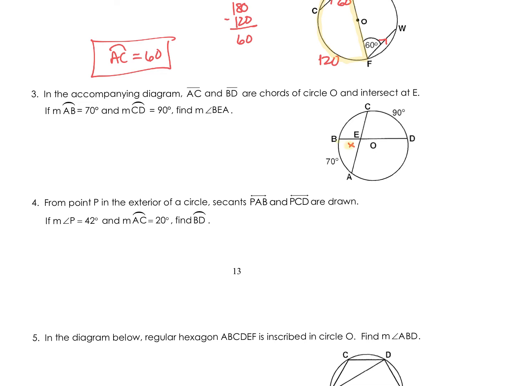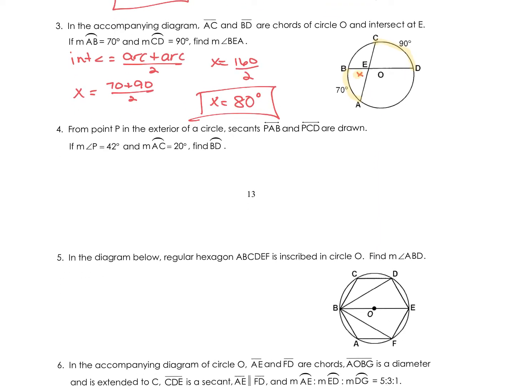And it goes with this arc and this arc. So our formula is interior angle equals arc plus arc over 2. Our angle is missing, x, and our arcs are 70 plus 90 over 2. So we end up with 160 over 2, which gives us 80 degrees.